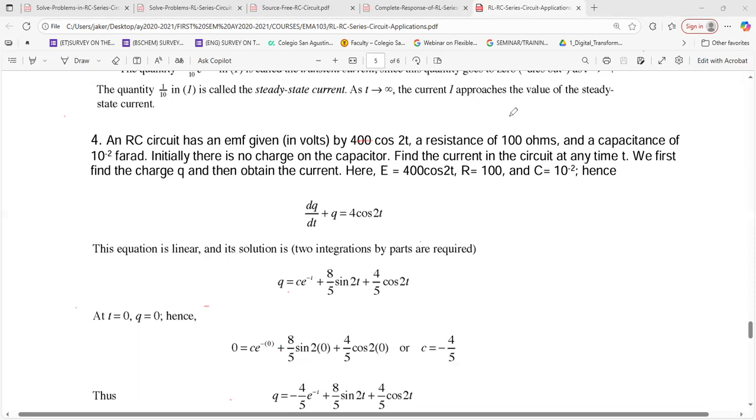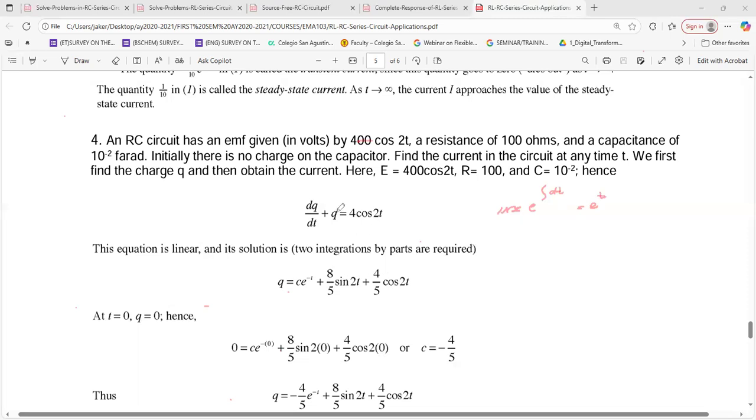So if you can recall, you need to determine the integrating factor mu in that case, and that's e raised to the integral of this one. So that's simply 1, so that's dt. So that's e raised to t.